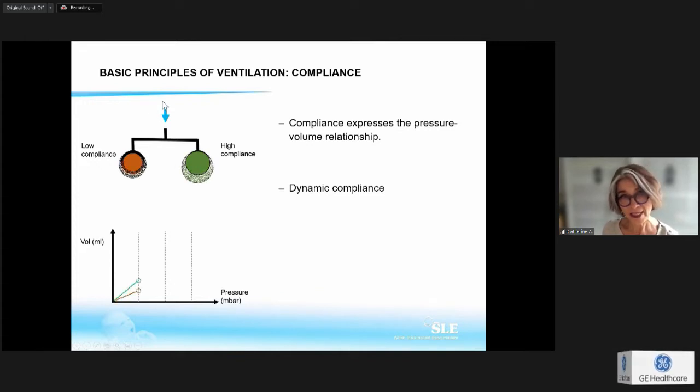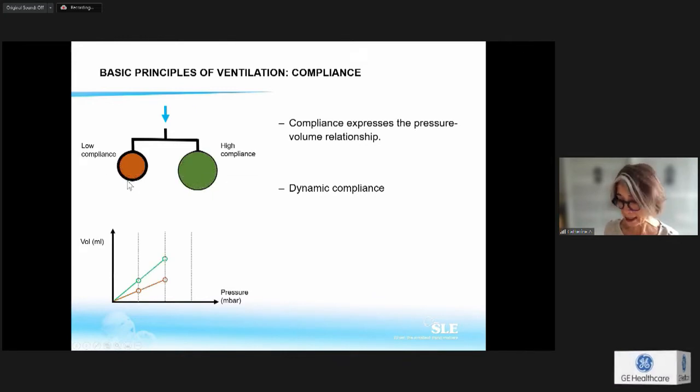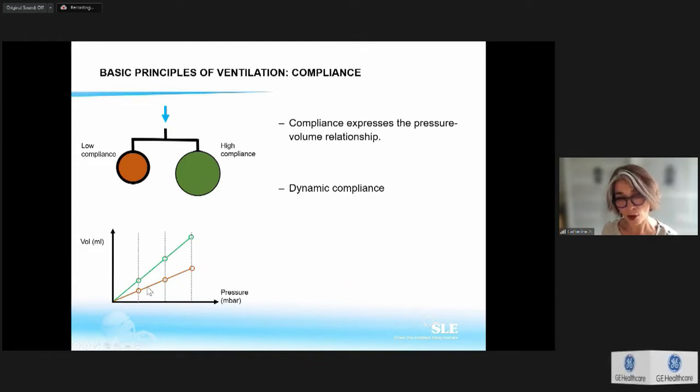And you see for the same pressure applied, the gain in volume will be different. The low compliant one has a lower gain in tidal volume, as you also see here, for the same applied pressure.